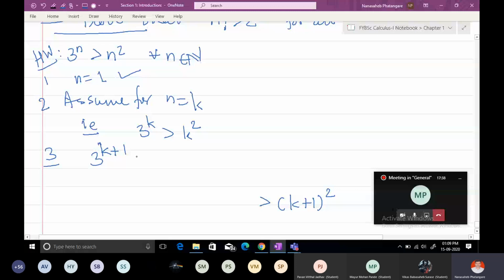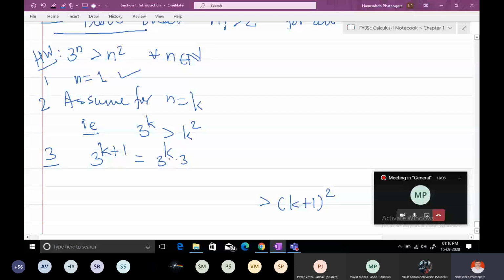Now 3 raised to k plus 1 I can split in this way: 3 raised to k into 3. Is it clear?